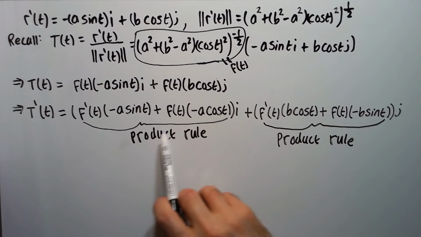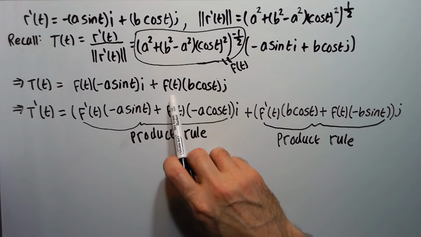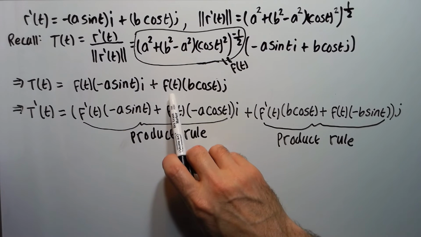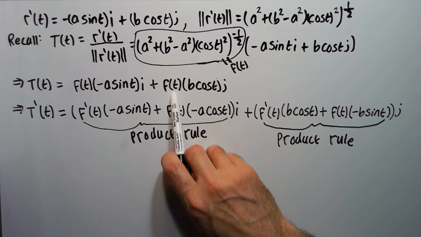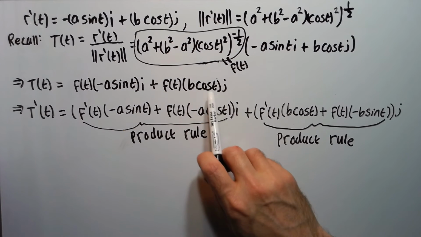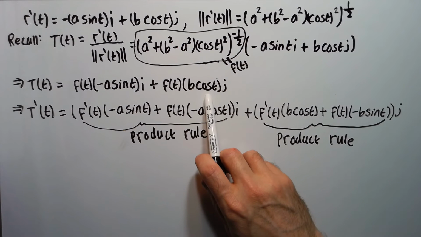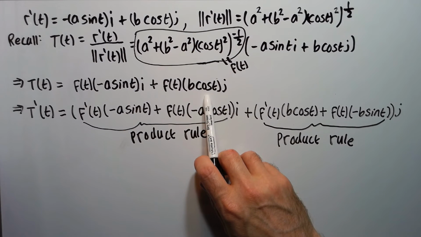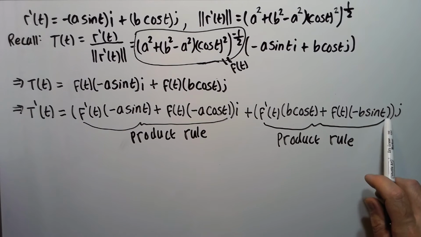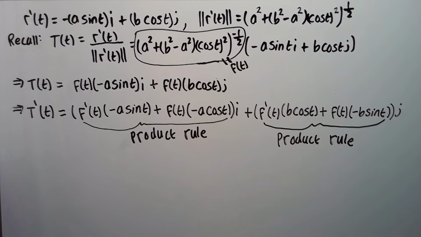That's going to be in the i direction, so that's the product rule. Then moving on to j portion here. Product rule also on this one. First function's f is going to be f prime times second function plus first function f times derivative now of cosine, which is minus sine, so it's going to be minus b sine t, all in the j direction.